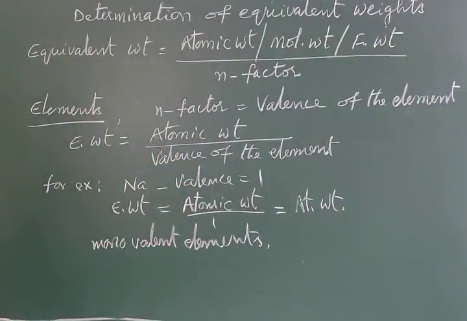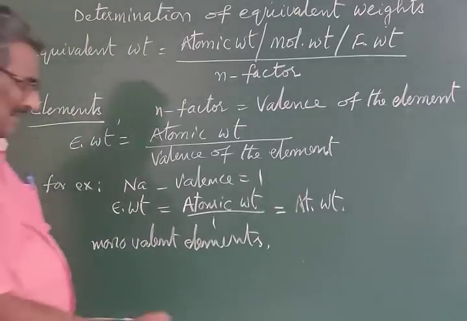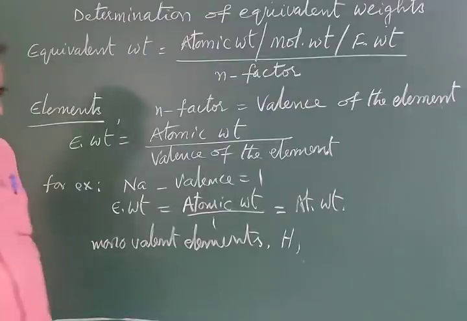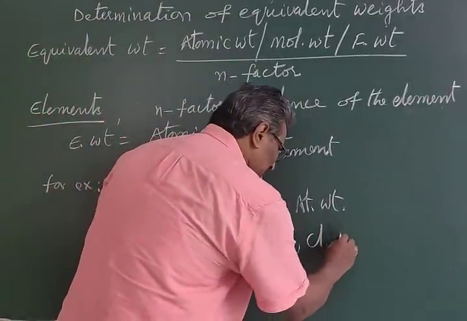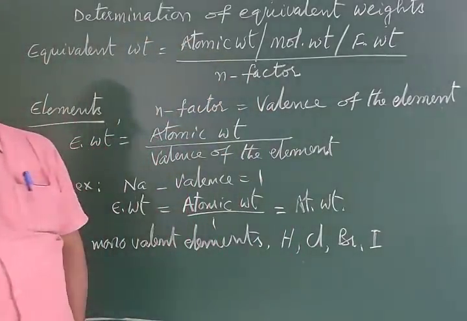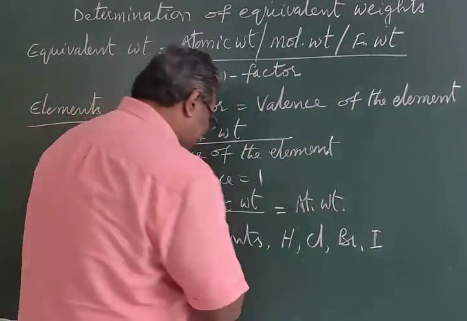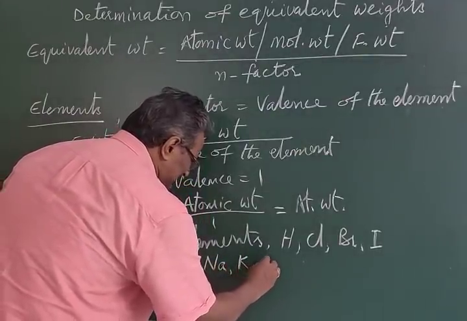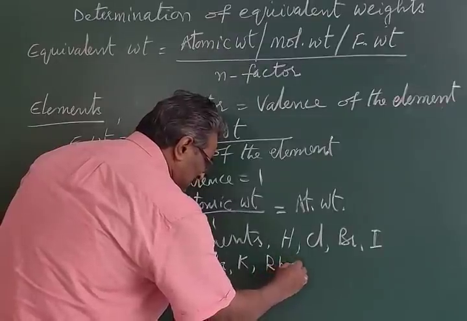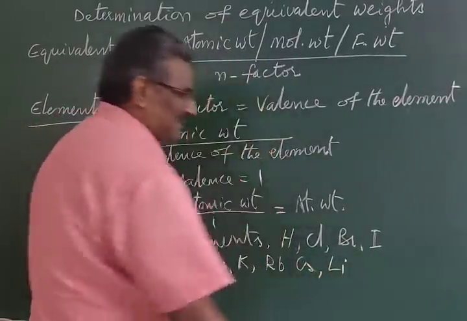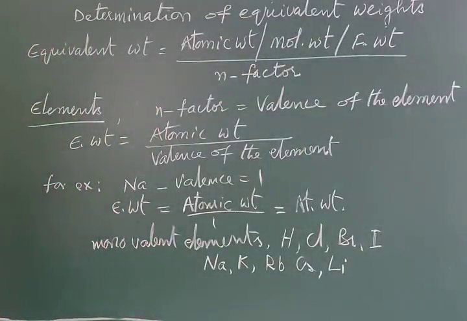The elements which have the valence 1, like hydrogen, chlorine, bromine, iodine, the metals like sodium, potassium, rubidium, cesium, lithium, etc. These are all monovalent elements.